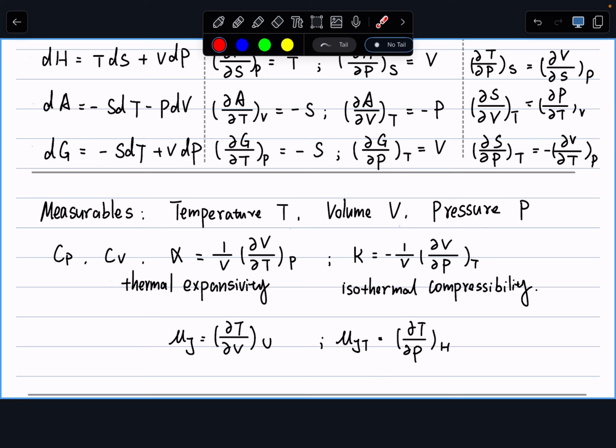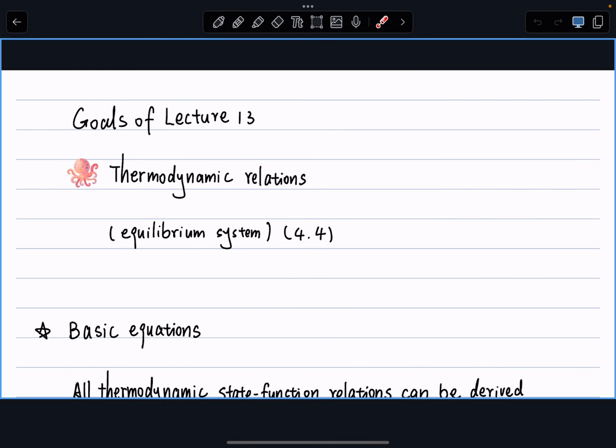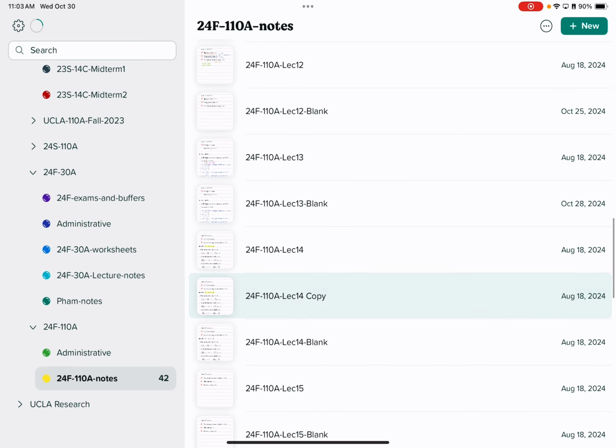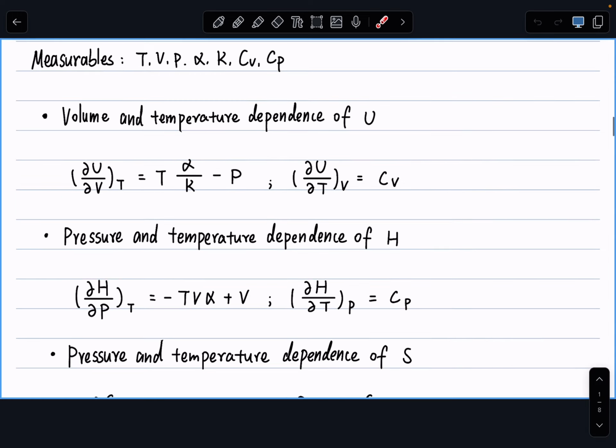And then from here, at the end of our last lecture, we went over to write out the dependencies of your internal energy, enthalpy, entropy, and Gibbs free energy on variables like volume, temperature, and pressure. We did this one together: how does your internal energy change with respect to volume and temperature.